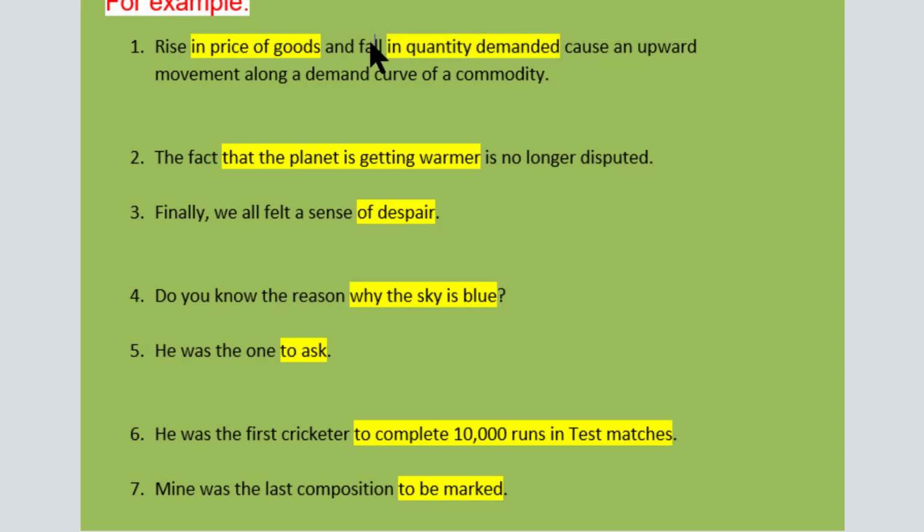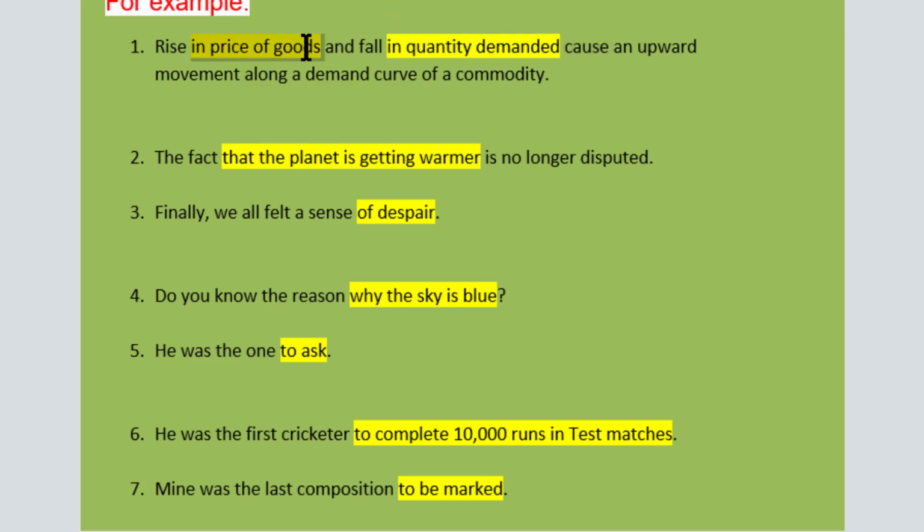Rise in price of goods and fall in quantity demanded, these two phrases are joined by and, which is a coordinate conjunction. So it forms a compound subject, and a compound subject is plural, so we need to use a plural verb here, cause. Here the complement is a prepositional phrase.